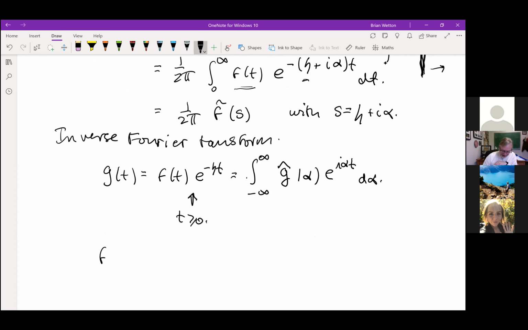And so f of t I can say is 1 over 2 pi, the integral from minus infinity to infinity. Now I'm going to put in this Fourier transform, which is equal to this Laplace transform, so I'm going to put that in there. This is the Laplace transform on this line.